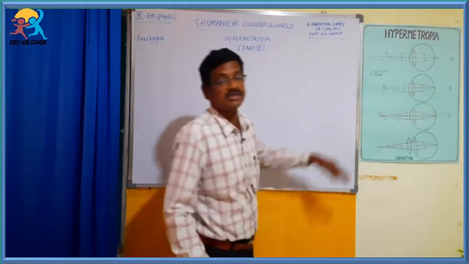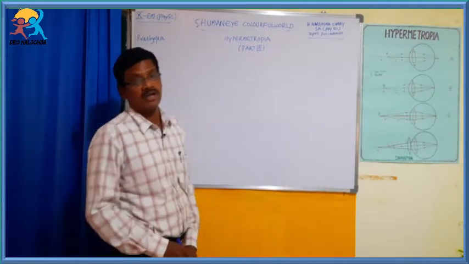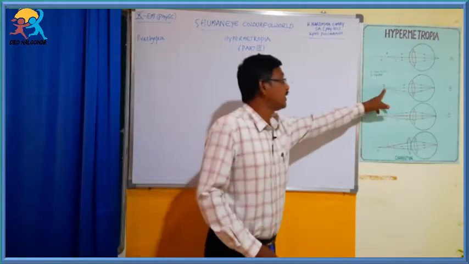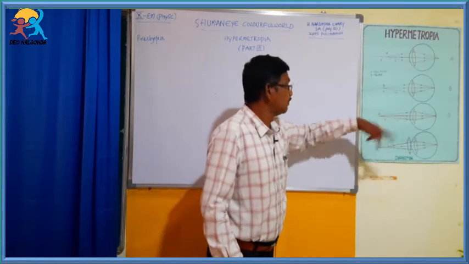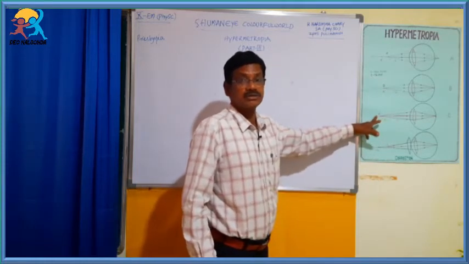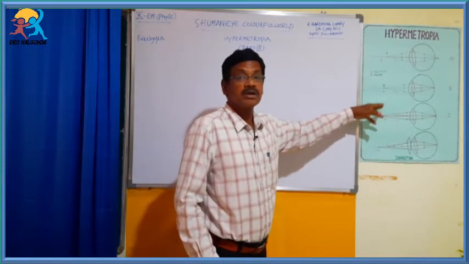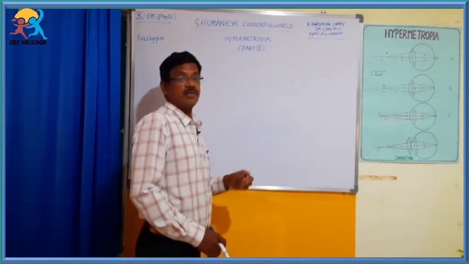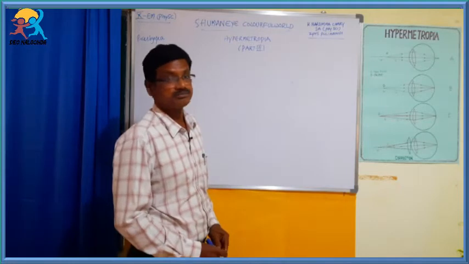That is, the image is clearly formed on the retina. If the object is at point H or beyond point H, the object is observed by the eye by forming its image on the retina.